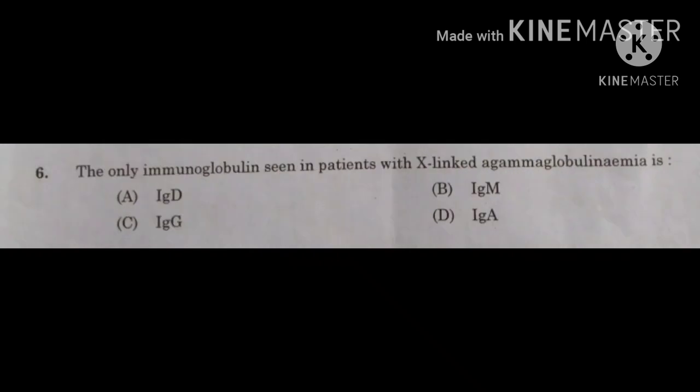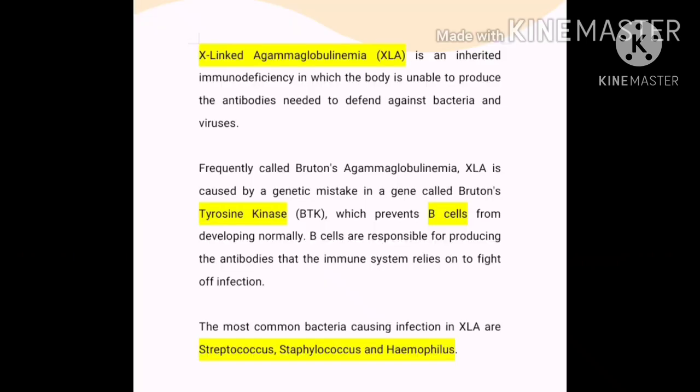The immunoglobulin seen in patients with X-linked agammaglobulinemia is, the options are IgD, IgM, IgG, IgA. Okay, let us understand what is agammaglobulinemia. X-linked agammaglobulinemia is a recessive genetic disorder. This disorder is mainly due to the presence of a recessive gene on the X chromosome.